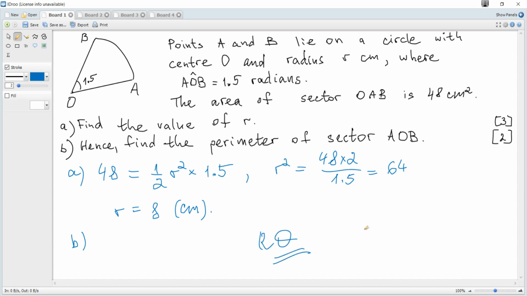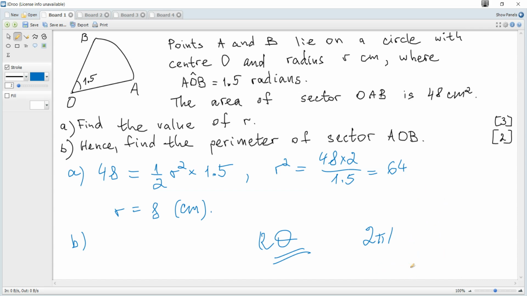It arises from 2 pi r, the circumference, and the length of the arc is just a part, so it should be multiplied by theta and divided by 2 pi, and hence we get r theta. When the angle is given in degrees, it becomes 2 pi r multiplied by theta in degrees divided by 360.